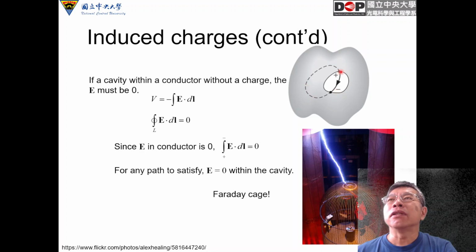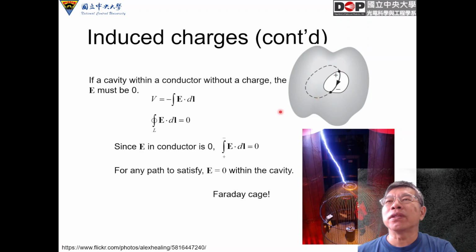So we know there's no electric field here in the conductor. So the initial condition and the final condition will decide this integral. So it must be zero inside the cavity. So that's the thing. If a cavity within a conductor has no charge, the electric field must be zero.